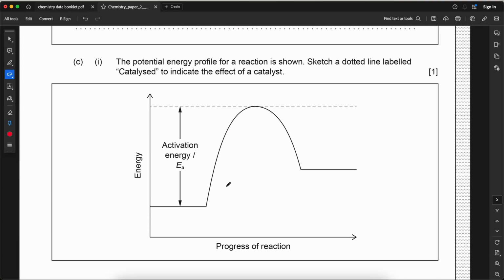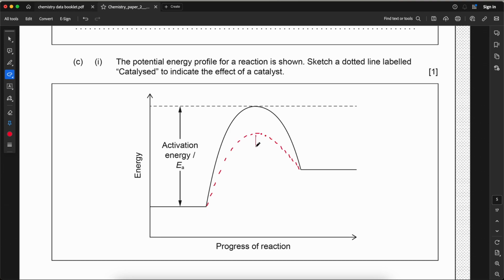The potential energy profile for a reaction is shown. Sketch a dotted line and label it catalyzed. Okay, so this increase in enthalpy is an endothermic reaction. When you add a catalyst, the activation energy will be lower. So we just need to make the curve a bit lower.